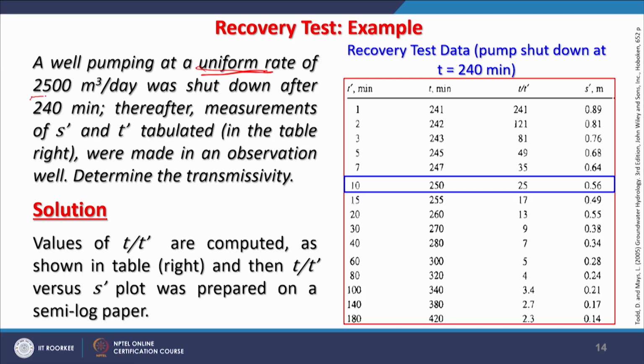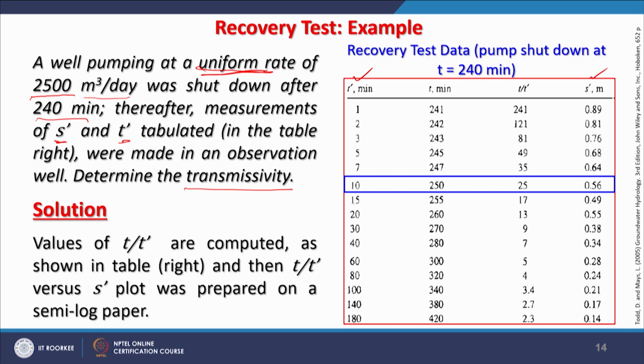The well pumping at 2500 cubic meter per day was shut down after 240 minutes, and thereafter the measurements of s' and t' were tabulated, as shown in the figure, in an observation well, and we determine the transmissibility. The ultimate aim is to determine the transmissibility during the recovery test and compare it with the transmissibility obtained during the pumping test.